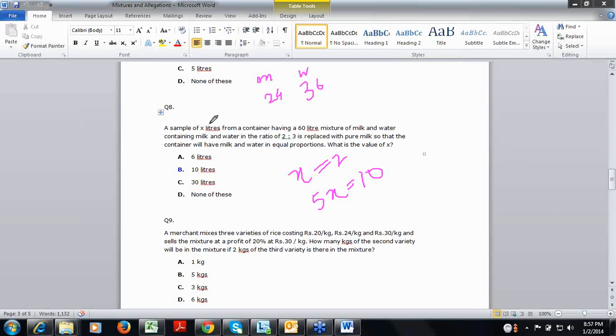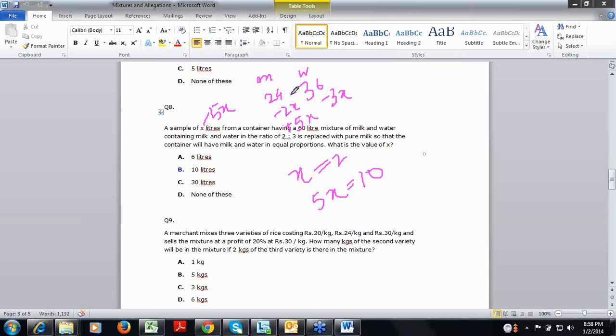So instead of x, let's take it 5x for ease of calculation. Now 5x is added milk, and how much was removed? Minus 2x and minus 3x. Only pure milk is added, so plus 5x.